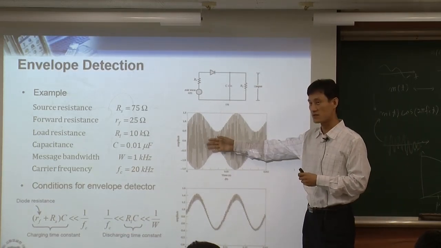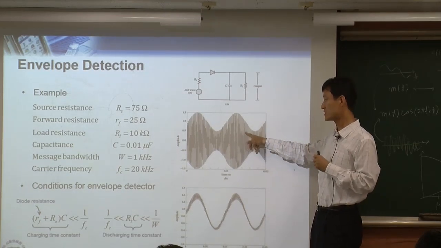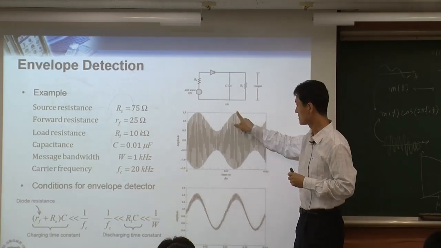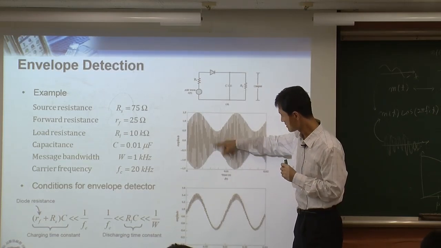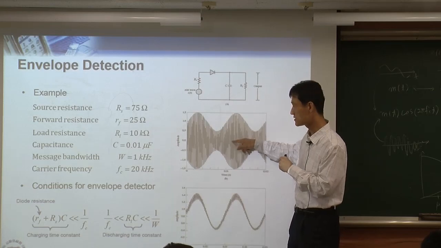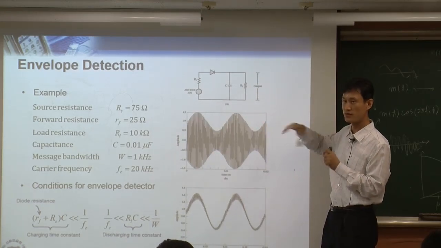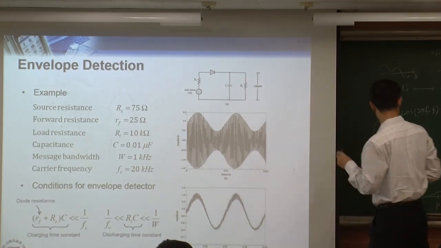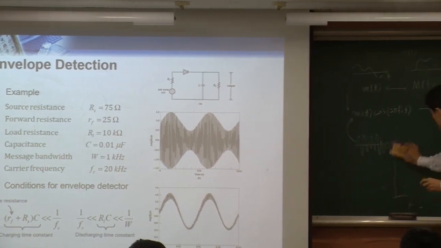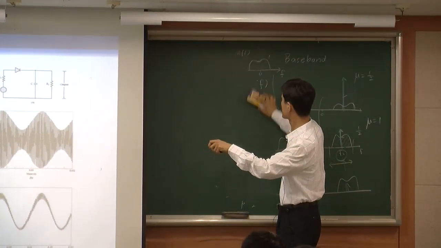And now you receive this signal, and our goal at the receiver is to recover this. From this, you want to recover this, and that's what we call the envelope. That's why we call this an envelope detector. The easiest way to do it is to use this kind of circuit.